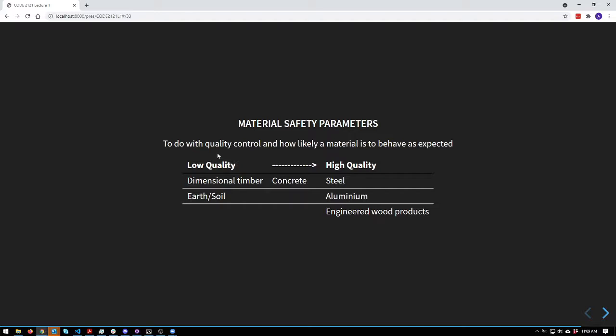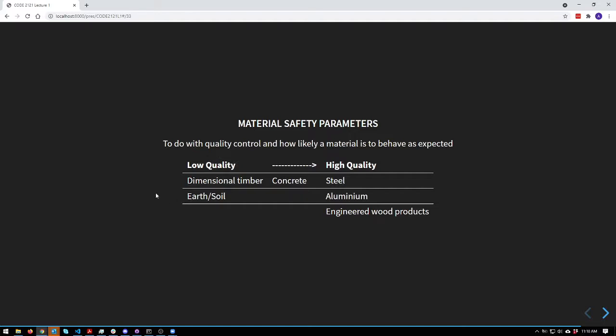We don't know what's inside that timber. We can cut a young tree down and be fairly certain that it doesn't have timber rot or knots in it, but the only way to find out is actually to cut it or do an x-ray on it, and so we can't be guaranteed to know how it will perform to 100%. And the same applies to earth and soil.